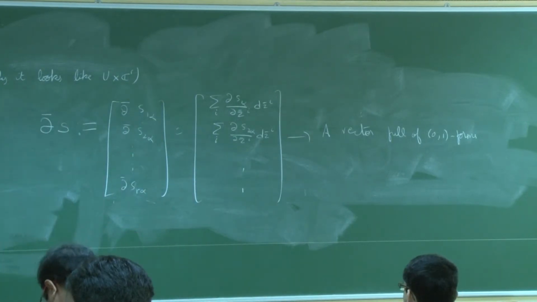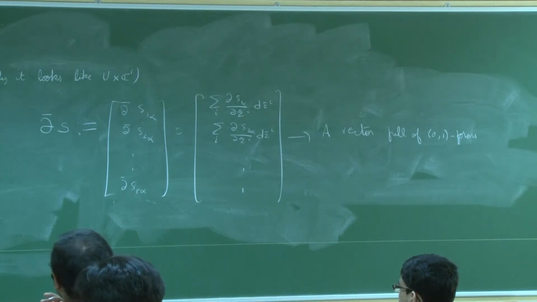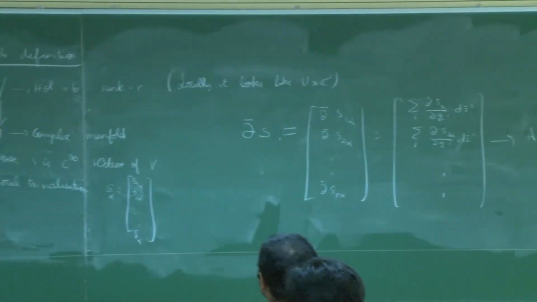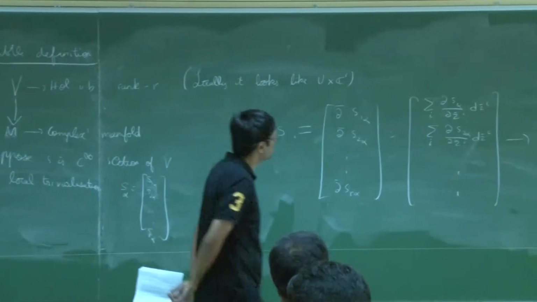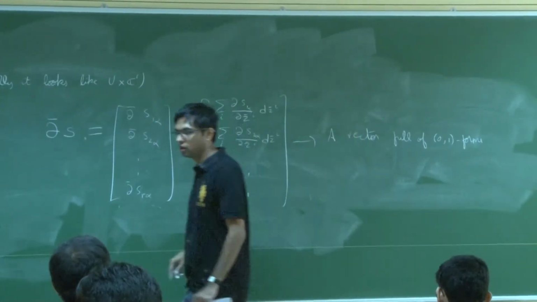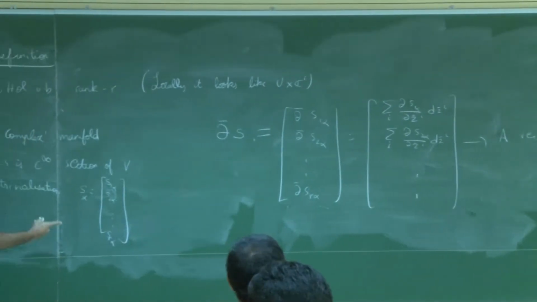Locally you can define whatever you want, but the point is it should be a globally defined object, meaning it should transform correctly when you change coordinates. In other words, if I choose a different trivialization, what will I get?